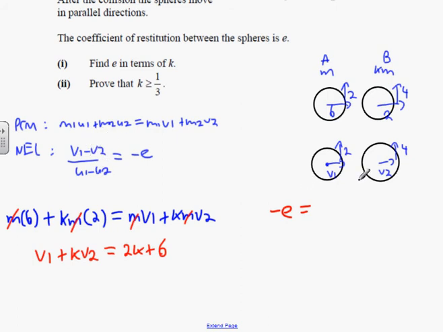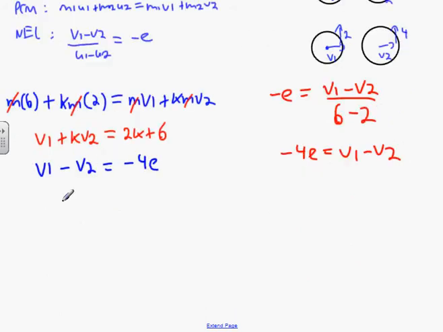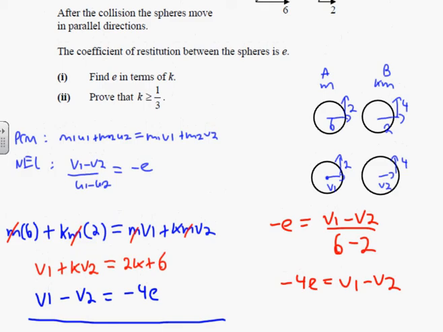V1 minus V2 over U1 minus U2, 6 minus 2, because you're only taking it along the x direction, equals minus E. So V1 minus V2 equals minus 4E. This is going to be interesting. Find E in terms of K.